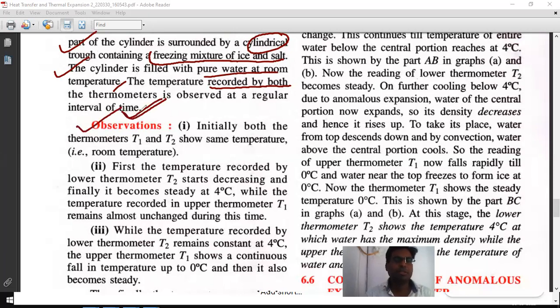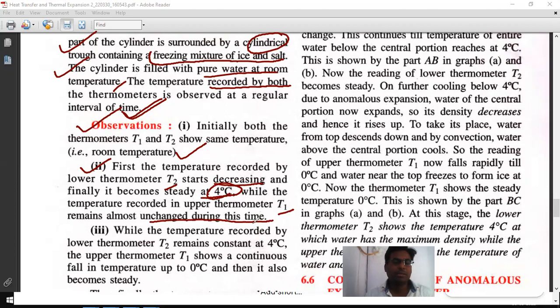Now look at the observation. Initially both thermometers show the same temperature because they are at room temperature. First, the temperature recorded by the lower thermometer T2 starts decreasing, right? And finally it becomes steady at 4 degrees Celsius, while the temperature recorded by the upper thermometer T1 remains almost unchanged.